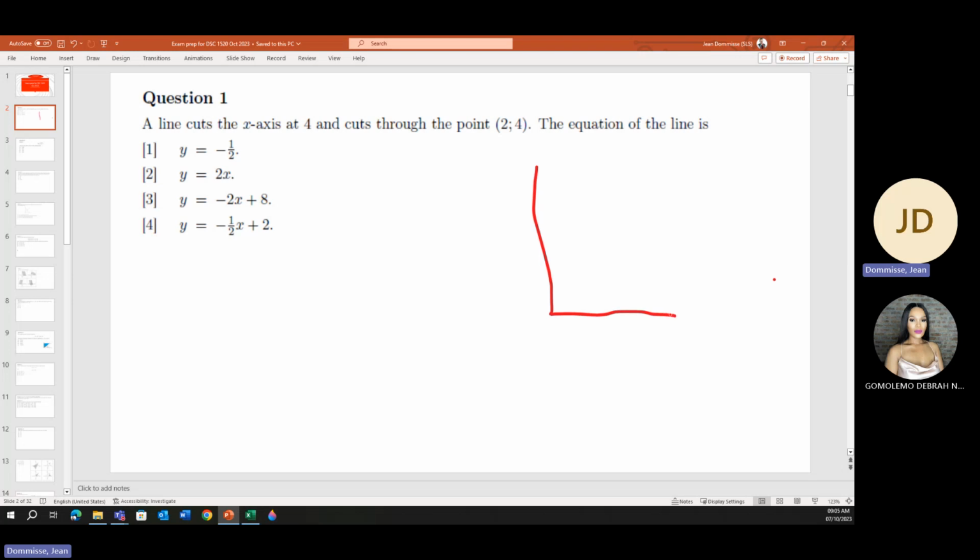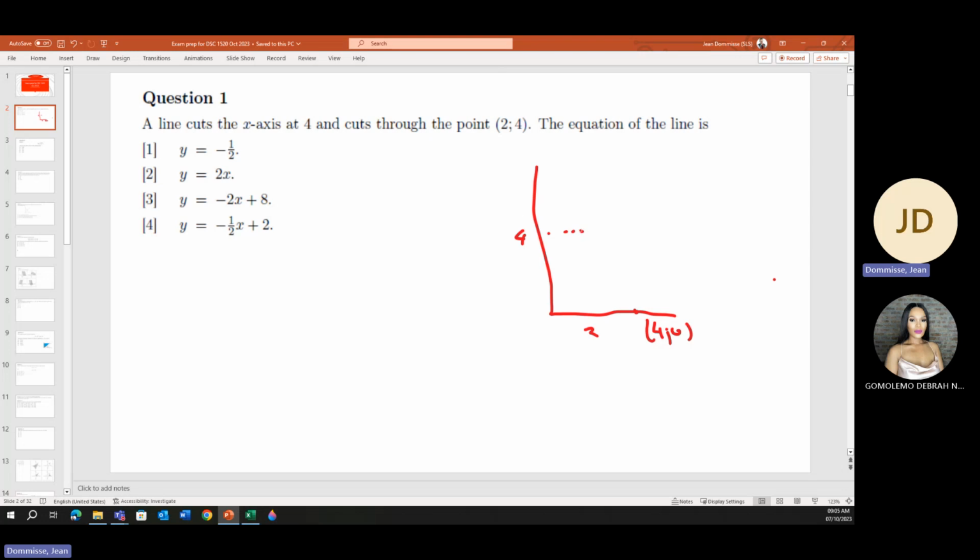Okay, so the first question, they tell us a line cuts the x-axis at 4. So if it cuts the x-axis at 4, it goes through y is 0, and cuts through the point where x is 2 and y is 4.